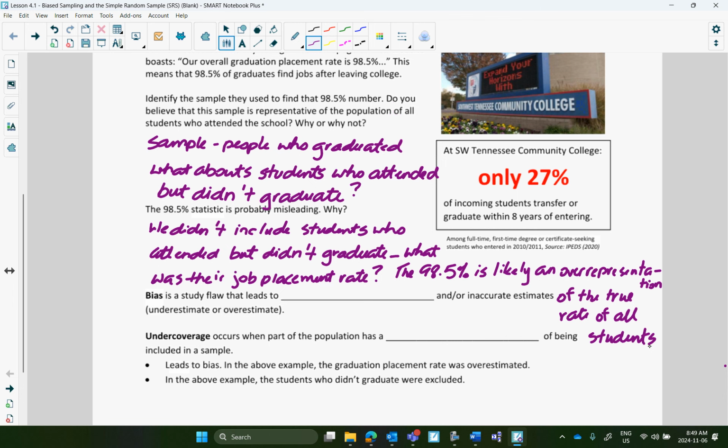So that flaw that results in overstating something or even understating something, that's called bias. Okay? And bias leads to unrepresentative or inaccurate measurements, estimates of the population you're studying.